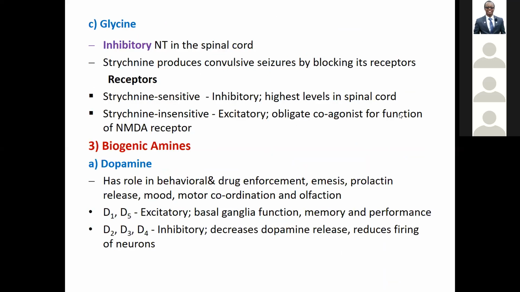Glycine is inhibitory, important in toxicity, like strychnine. And then you have biogenic amines. These include dopamine that has a role in behavior. Acetylcholine has a role in behavior as well, and that's why you have drugs that can be used to stop smoking, etc.